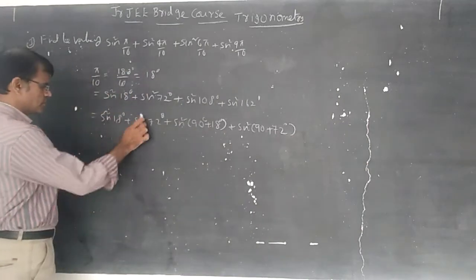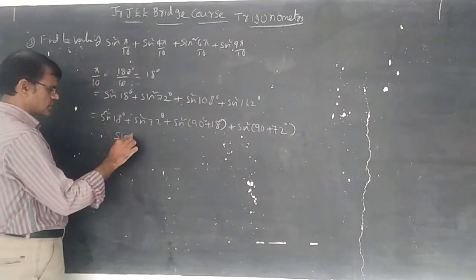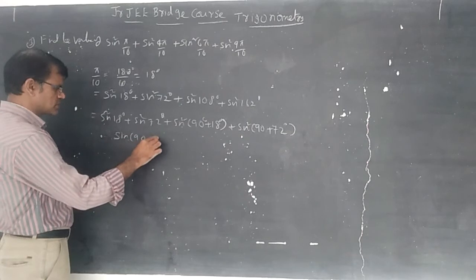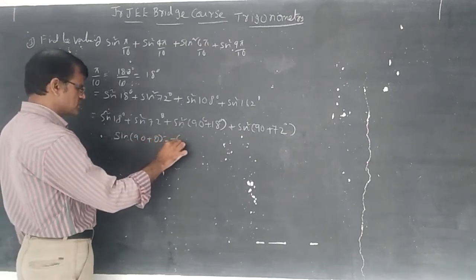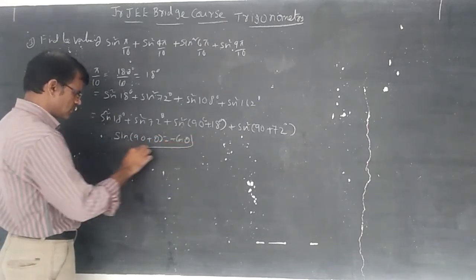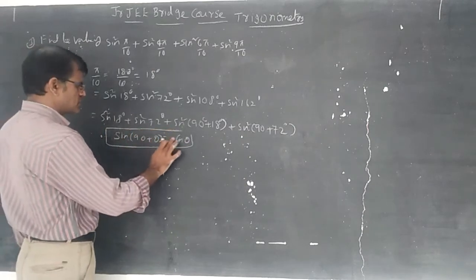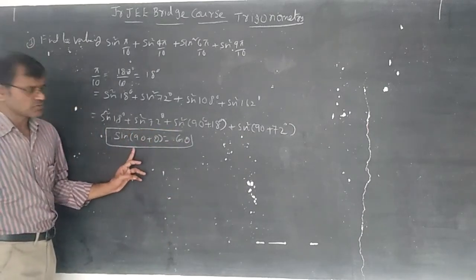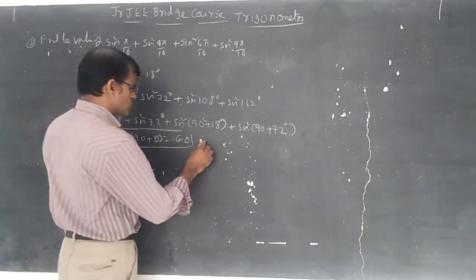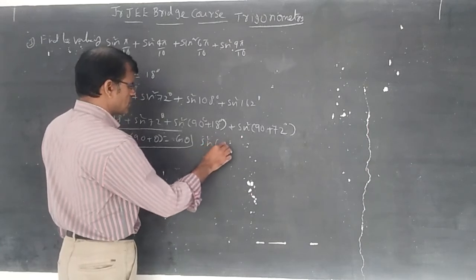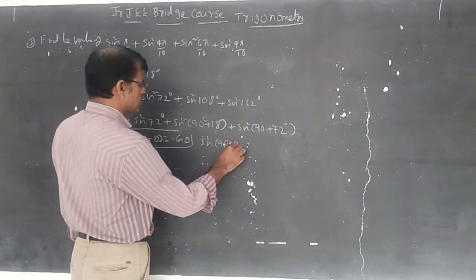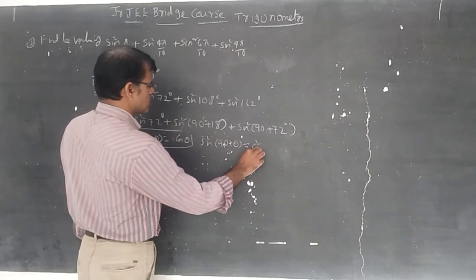Now, remember the value: sine of 90 plus theta becomes cos theta. So sine square of 90 plus theta becomes cos square theta.